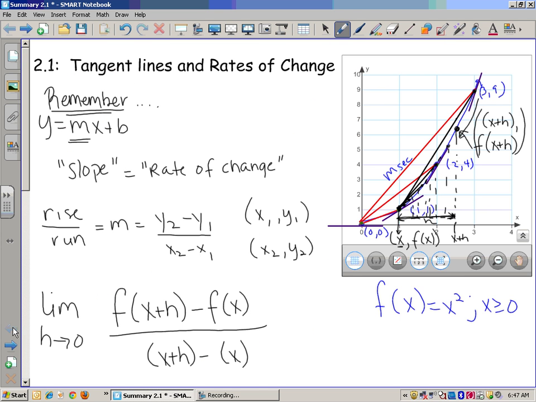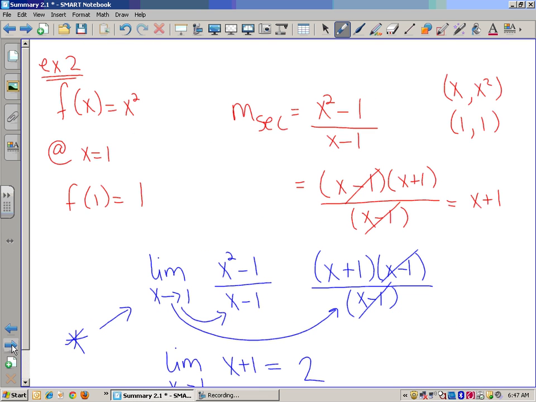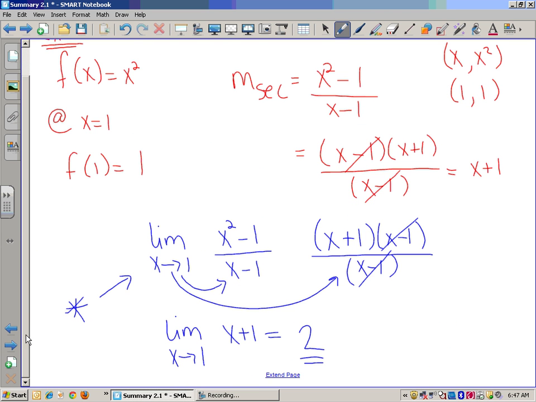Let me remind you, we did it the first time and got 2. Now we did it again, and guess what we get? 2. Yay! We are happy. So really, all we do is use the limiting process to find the slope of the tangent line, and we can do that using any 2 points. In this case, I used a very specific point.